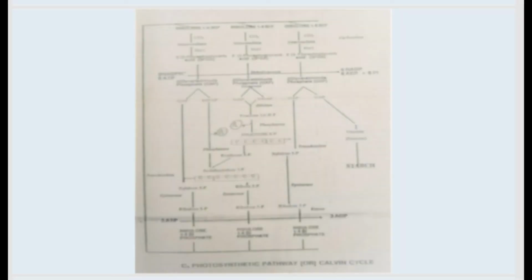It's a simple cycle. You can draw it yourself. I got this from my teachers, and it is the simplest way to understand the dark reaction: carboxylation, reduction, and then regeneration. So we get an easy understanding from this.